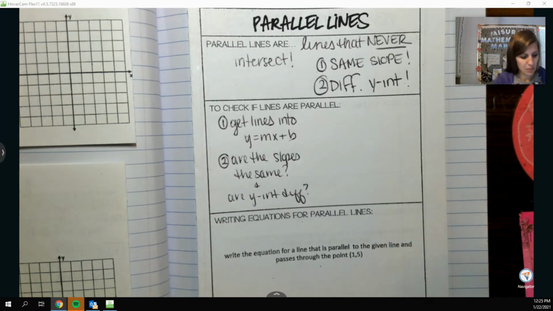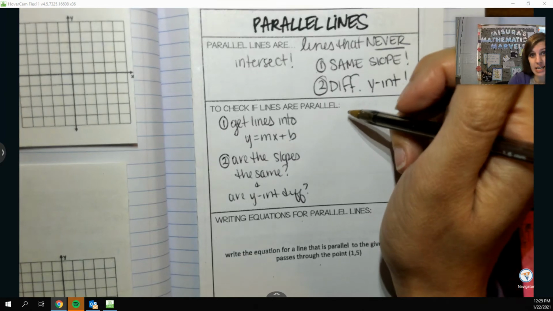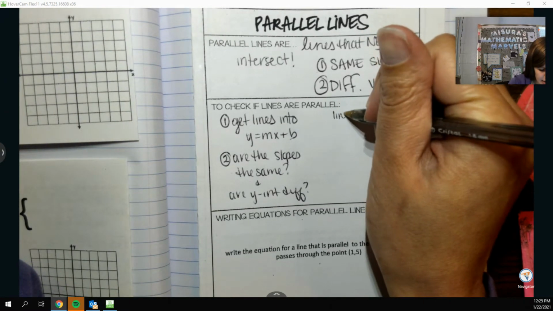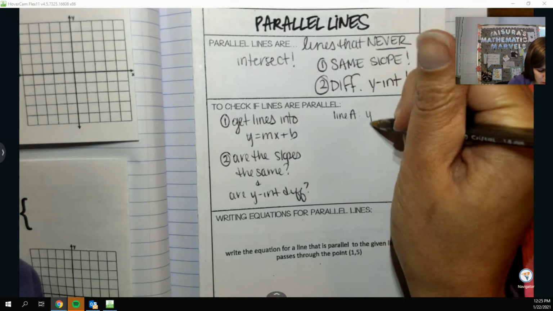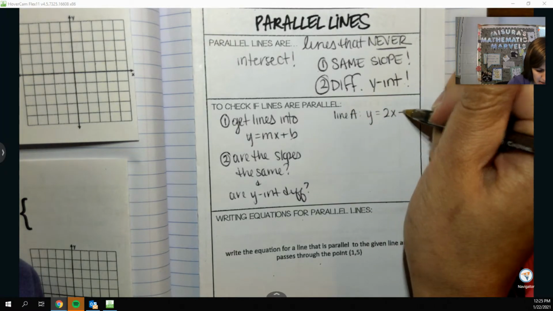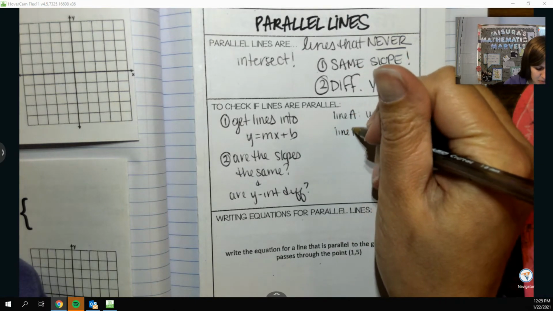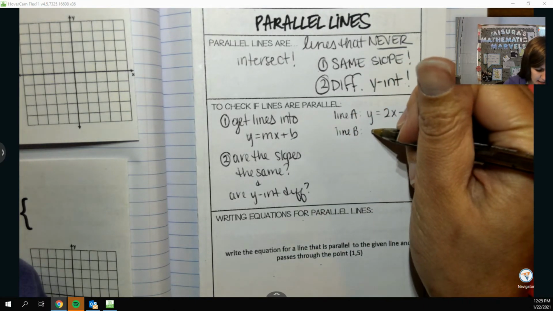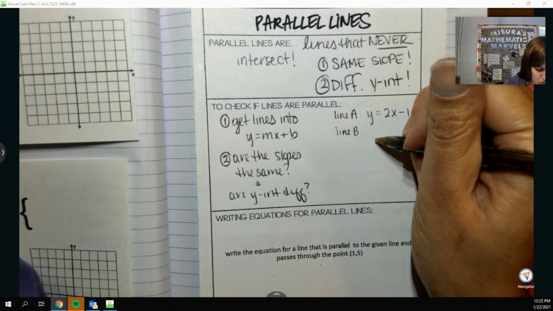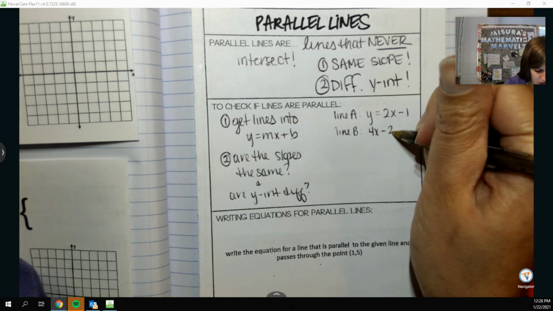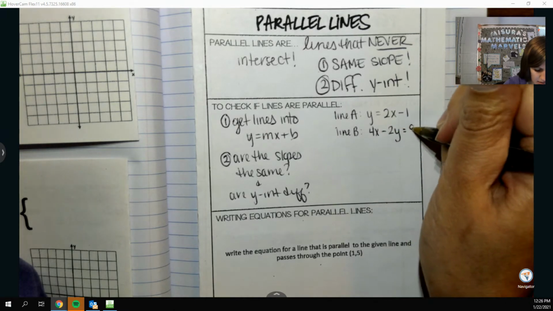So a cute little example, if I'm trying to check and see if lines are parallel, maybe they give me line A as y equals 2x minus 1. And maybe they give me line B is, let's see, 4x minus 2y equals 8.